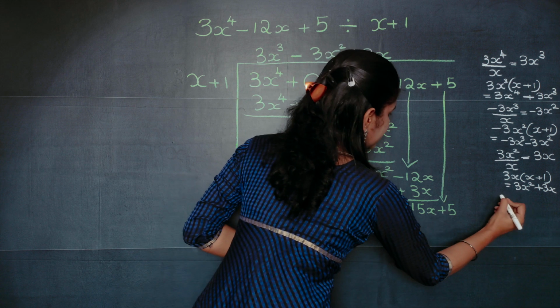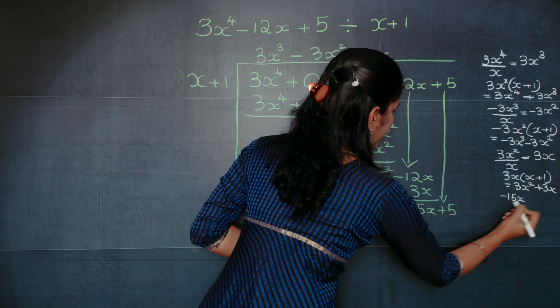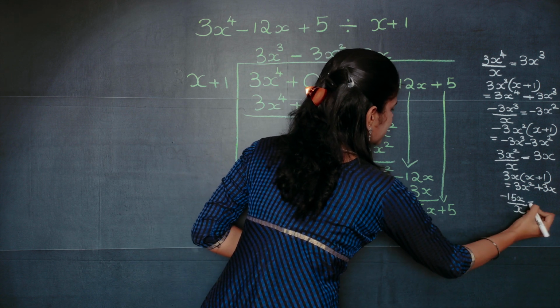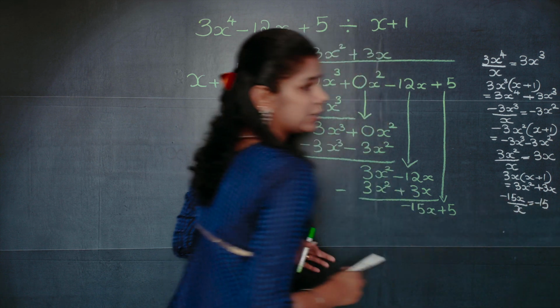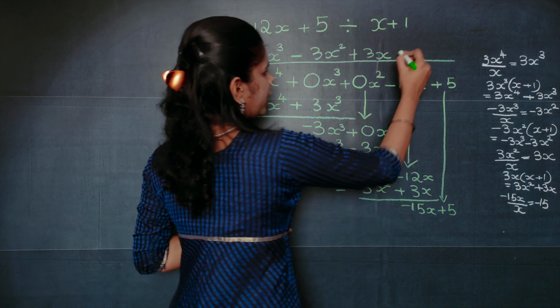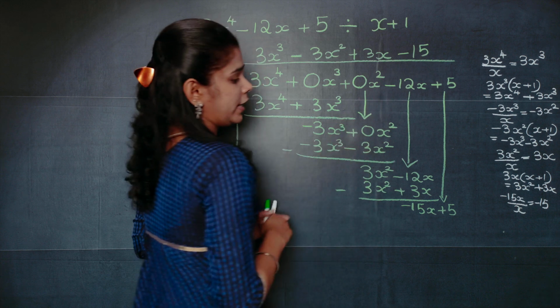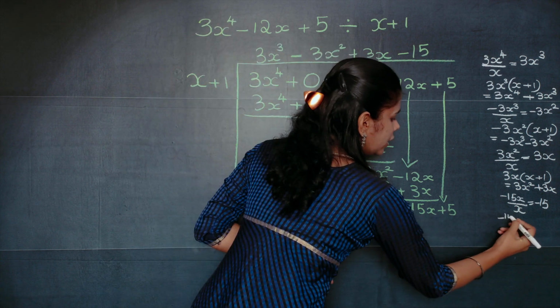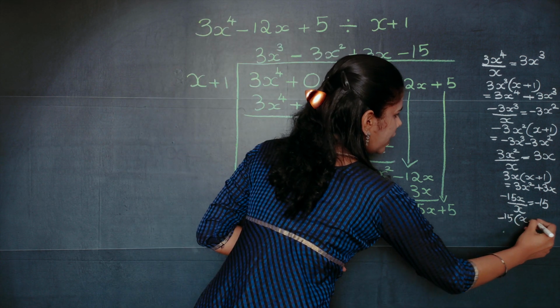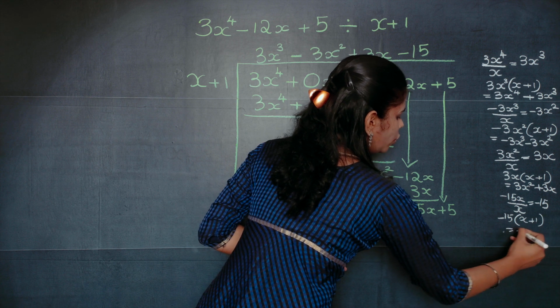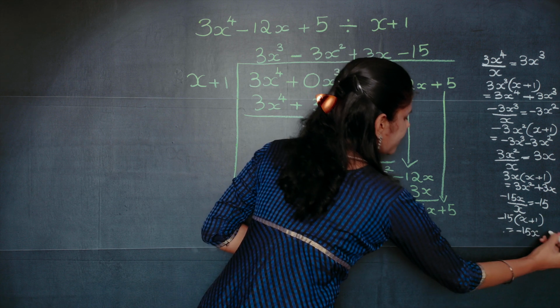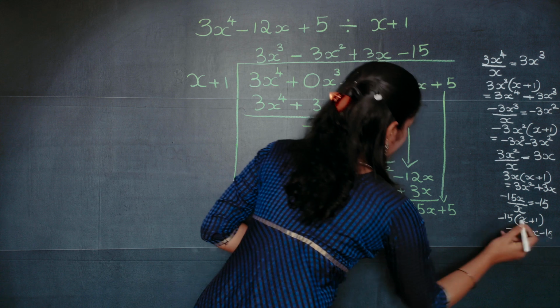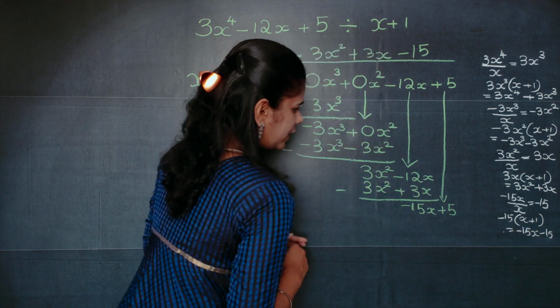You will take the first term negative 15x divided by the first term of the divisor. You will get the answer negative 15, that you will write here. Now negative 15 into the divisor x plus 1 will give you negative 15x minus 15. So that you will write here.